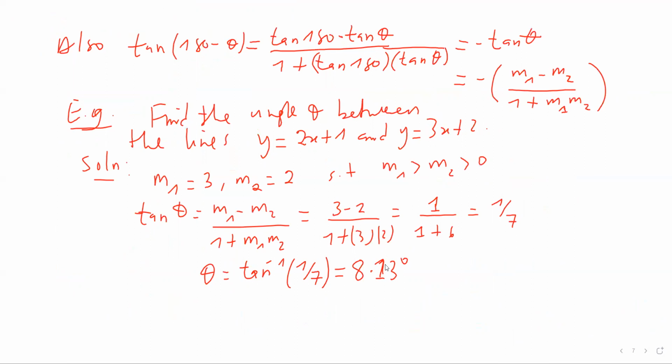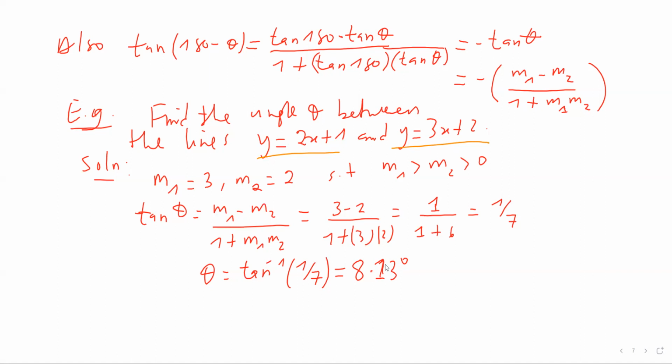Example: find the angle between the two lines y is equal to 2x plus 1 and y is equal to 3x plus 2. We know from these two lines that the gradients are, for this one, 2, and for this other line, 3.